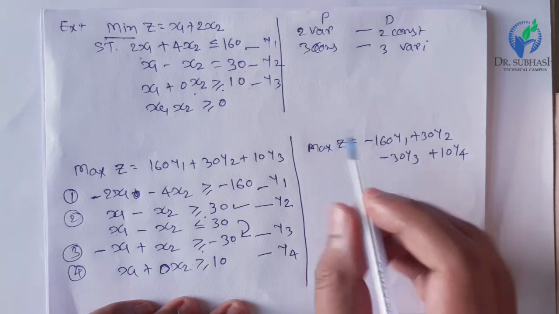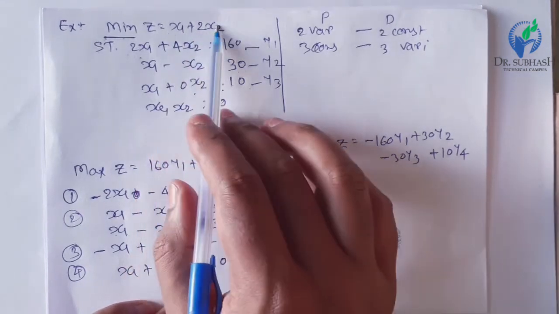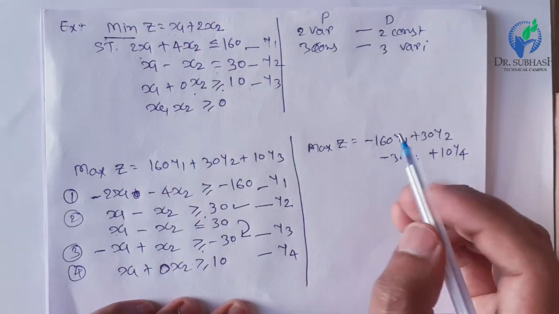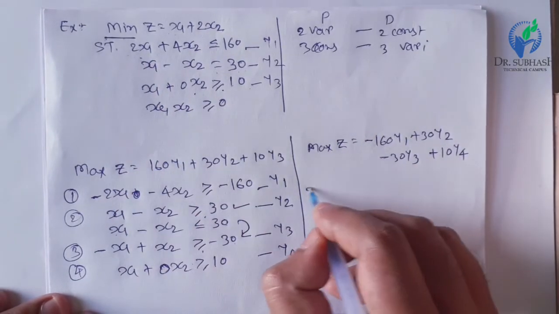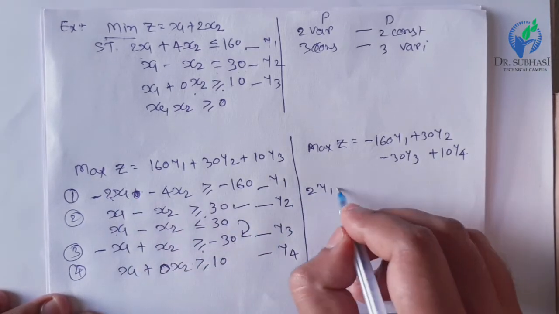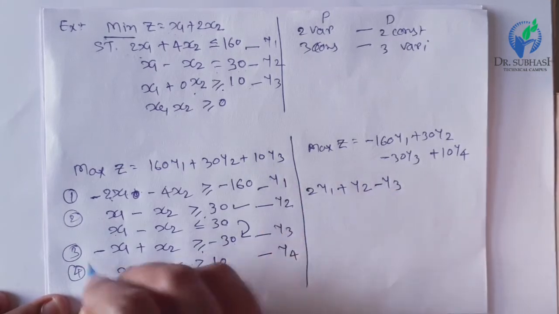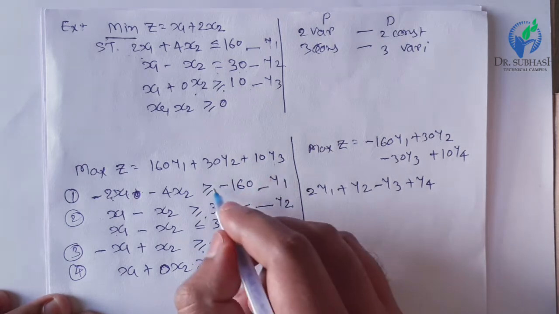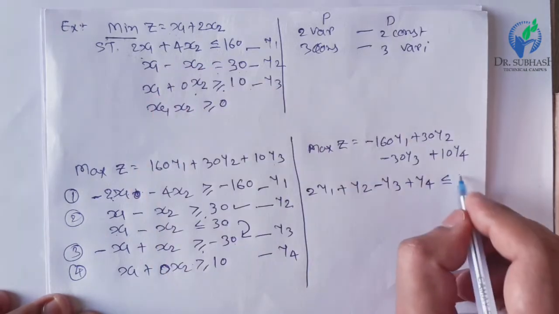Now related to the decision variables, there will be 2 constraints here. The first constraint is from x1, so it is minus 2 y1 plus y2 minus y3 plus y4, and all the constraints are greater than or equal to type in the primal, so here it will be less than or equal to 1.